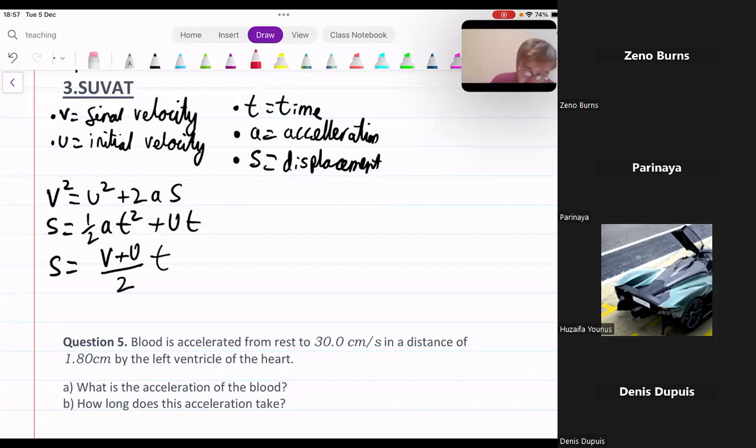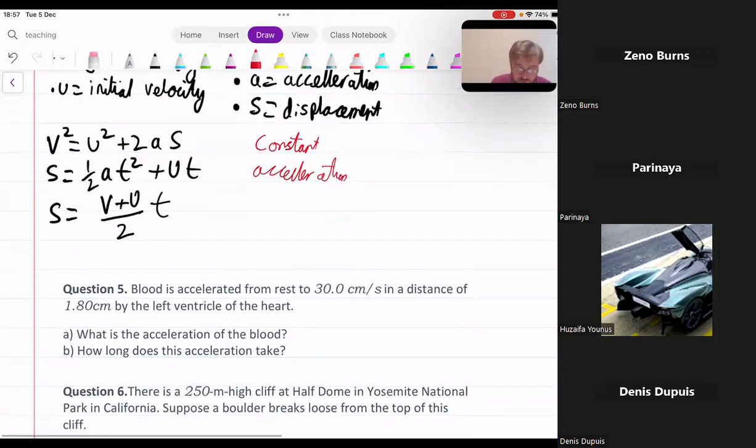And these hold whenever we have constant acceleration. Okay. Are there any questions before we move on and have a go at some problems of our own?